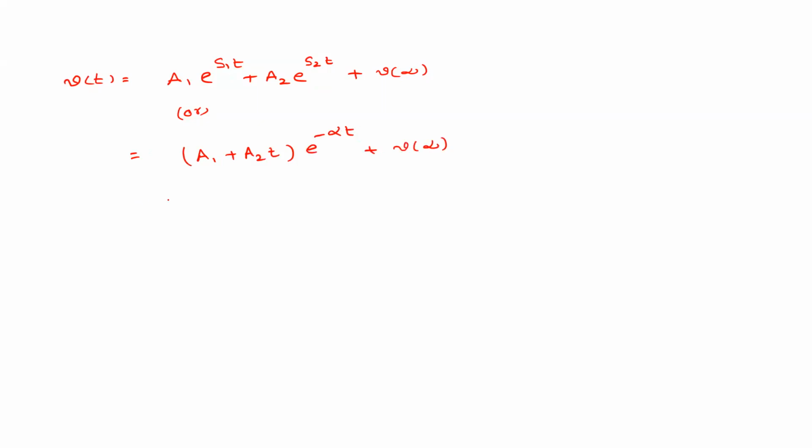Therefore, the overall solution of V of t will be A1 e to the power of s1t plus A2 e to the power of s2t plus the steady state value V infinite, which in this case is equal to Vs, or A1 plus A2t e to the power of minus alpha t plus V infinite, or e to the power of minus alpha t A1 cos omega dt plus A2 sin omega dt, plus V infinite.